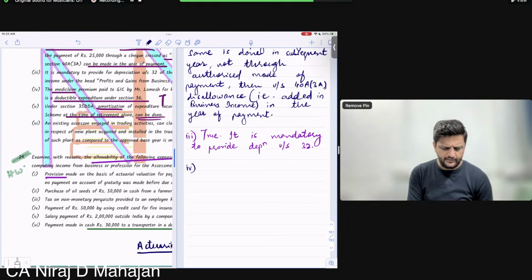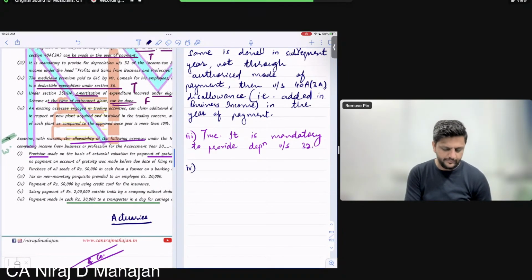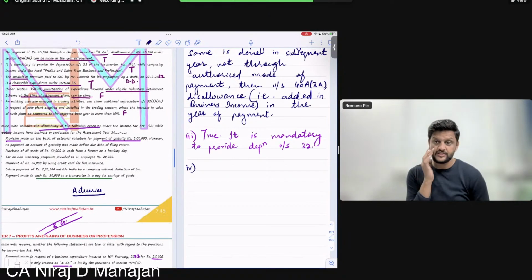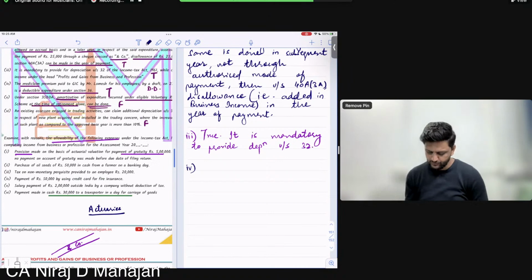Medical premium paid to a general insurance company by Mr. Lonesh for his employees by demand draft is deductible under section 36. Anything other than cash is allowed.